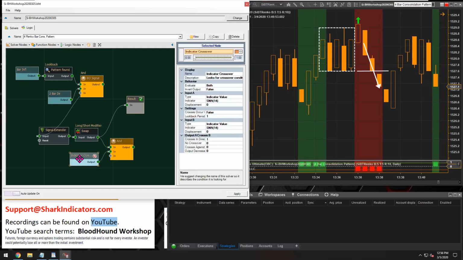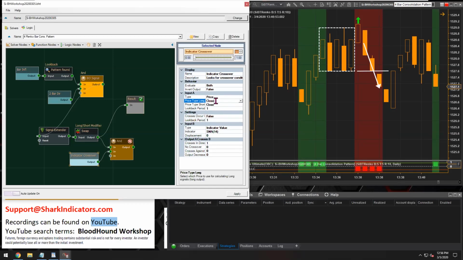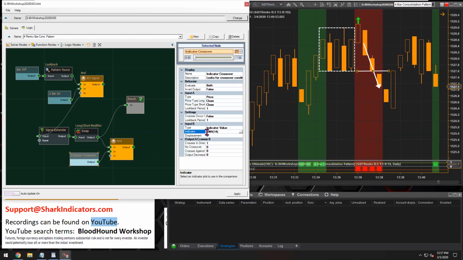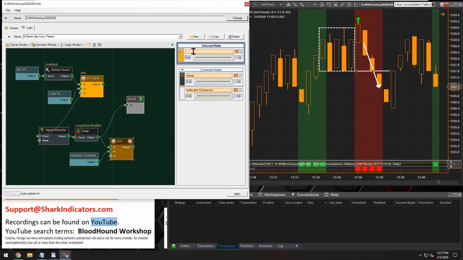Like that, and so you just compare the closing price crossing over your custom indicator that's going to plot the low, or the high of your breakout there. And so input B would have to be your custom indicator there, and you could put in the low price and the high price for input B, right? So something like that.